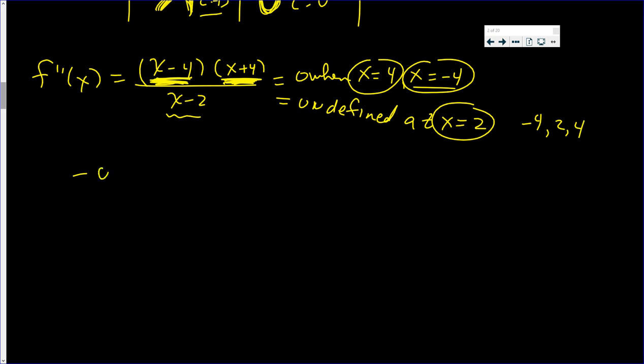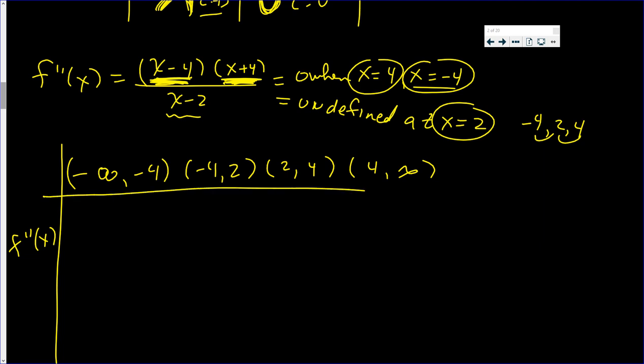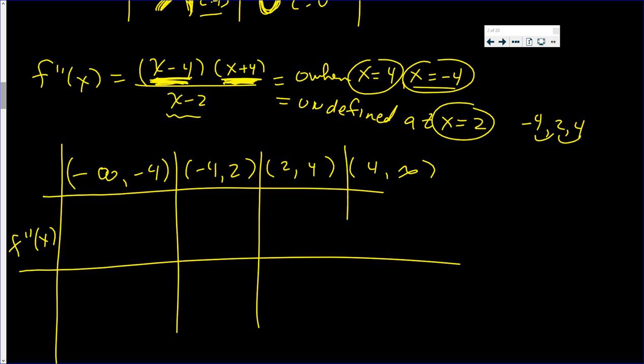So you go from negative infinity to negative 4. Then you go from negative 4 to 2. Then you go from 2 to 4. And then you go from 4 to infinity. And you want to look at the sign of f double prime of x in each of those 4 intervals.